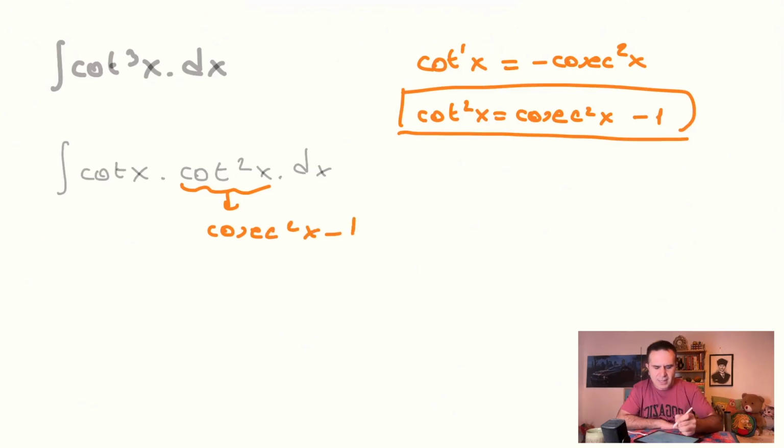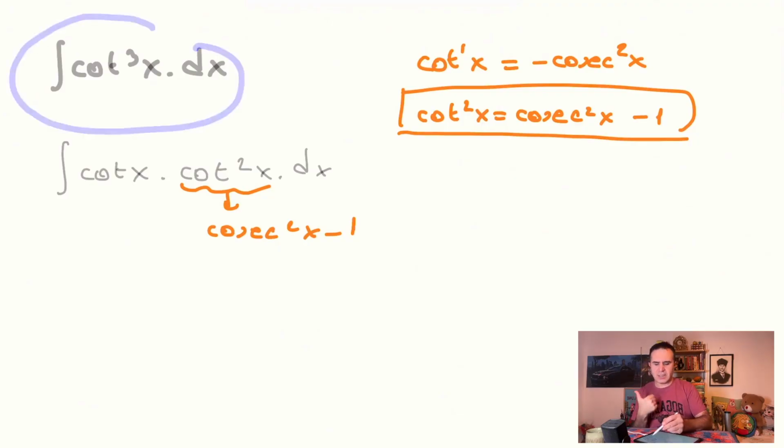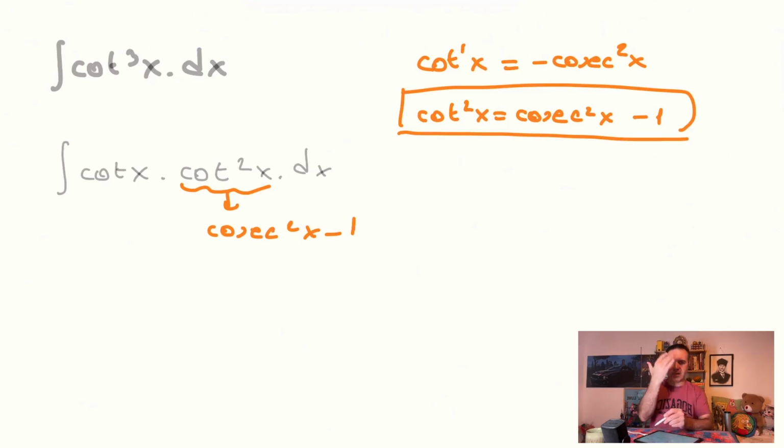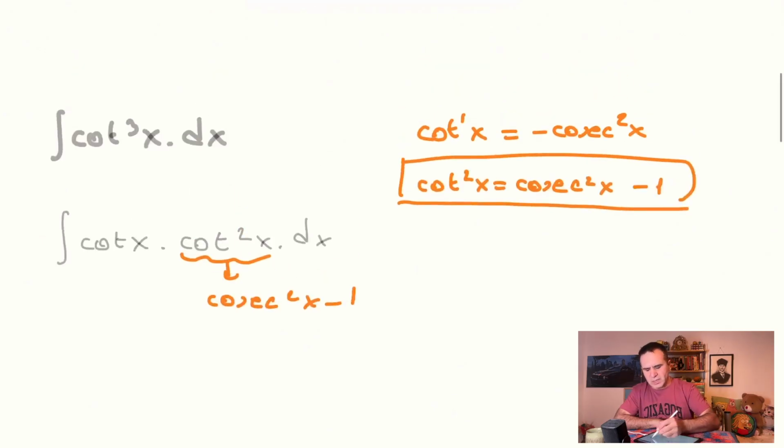We call that reduction. If you have an integral of cotangent x that has an exponent of 3, 4, 5, 6 or etc., we use reduction because in order to integrate the cotangent x, you should have here just 1 as exponent or 2.